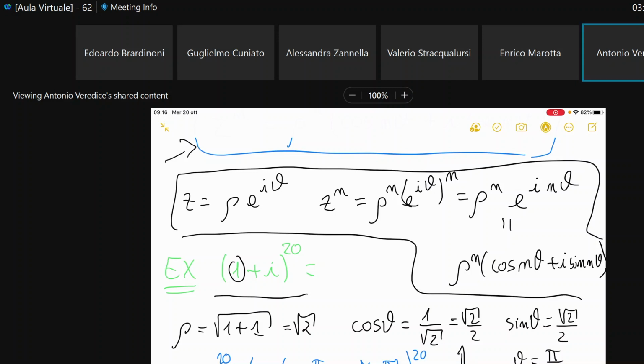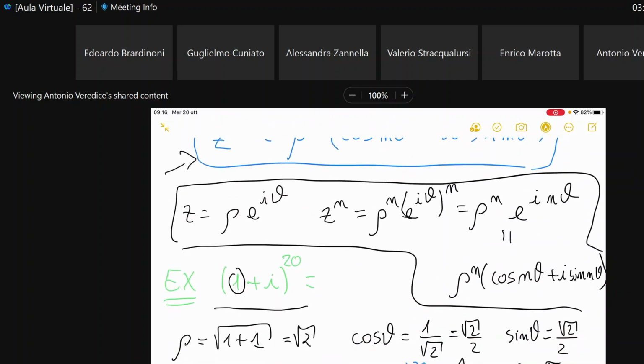Okay, are you okay with this? So the first step, write this number in trigonometric form. Once you did it, you have to compute the power, using the De Moivre formula.